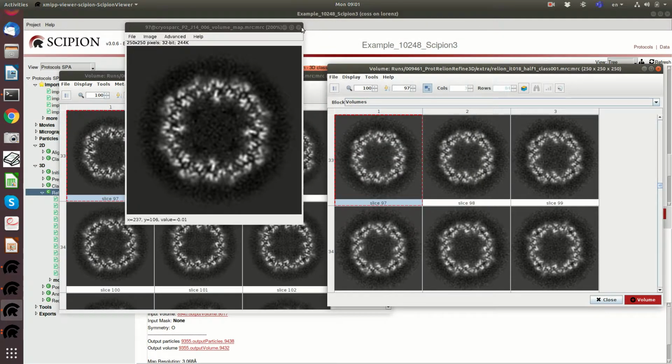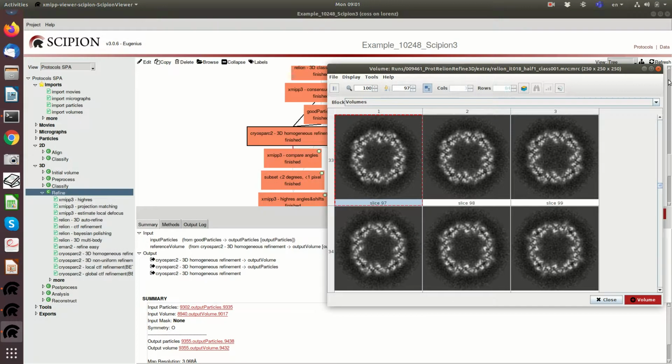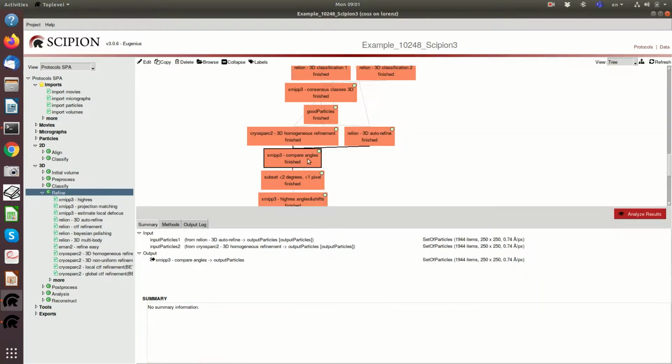So to identify those badly aligned particles, what we can do is compare the angular assignment of Relion and the angular assignment of CryoSPARC. In this particular case, it has octahedral symmetry, so we don't have to align the volumes. If it is a C1, an asymmetric structure, then the two volumes may be in relatively different positions, so you may have to align the particles and the volumes.